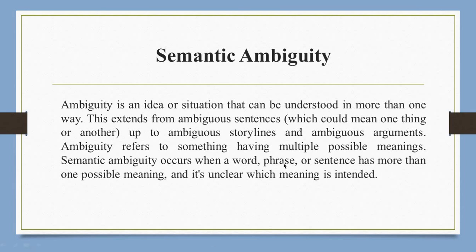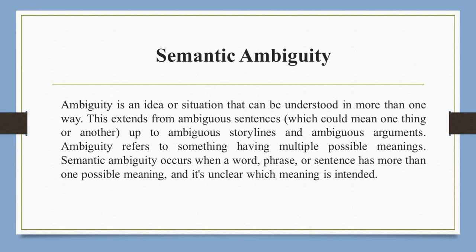Semantic ambiguity occurs when a word, phrase, or sentence has more than one possible meaning and it's unclear which meaning is intended. So ambiguity is taken from the word ambiguous, where a reader is unable to understand the meaning of a certain sentence or a word, because that word or sentence carries a lot of interpretations.